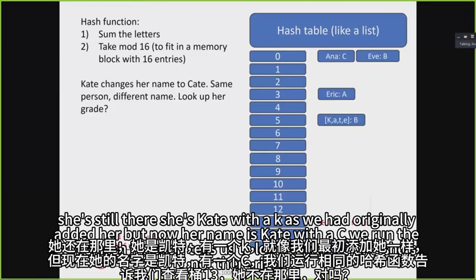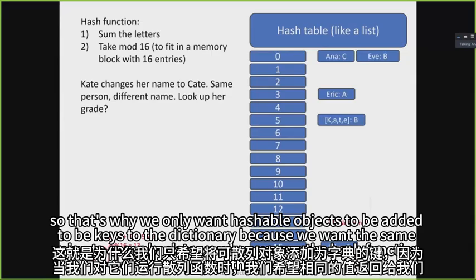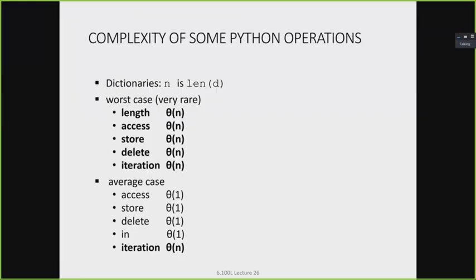But now her name is Kate with a C. We run the same hash function, it tells us to look in bucket 13, and she's not there, right? So that's why we only want hashable objects to be keys to the dictionary, because we want the same value to come back to us when we run the hash function on them, right?